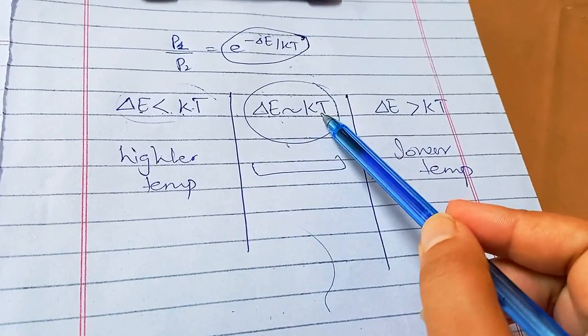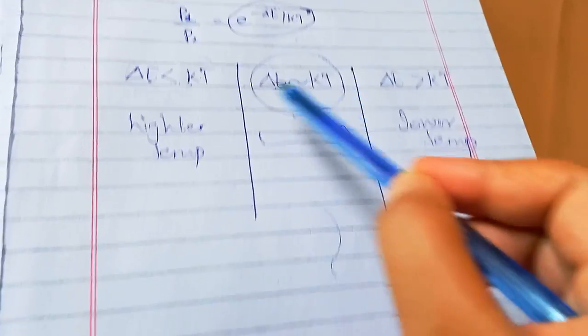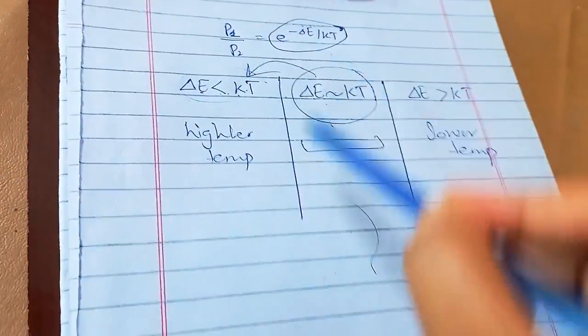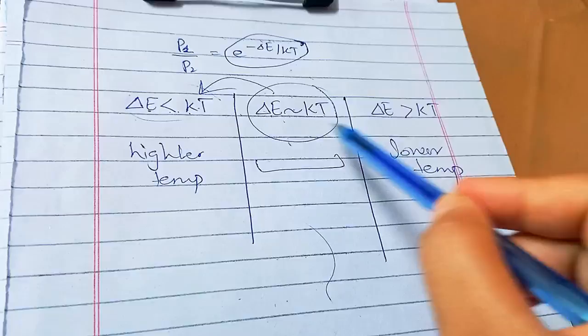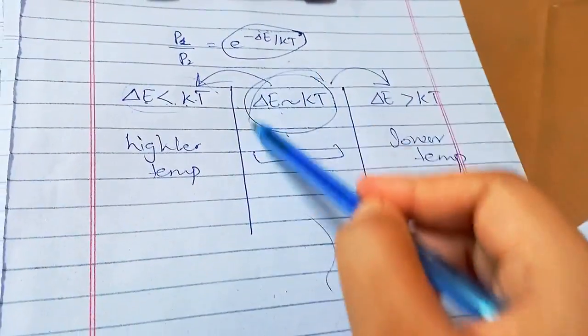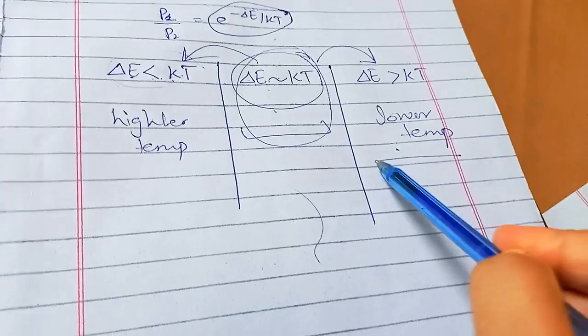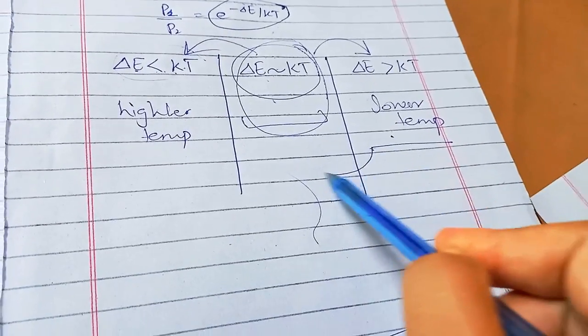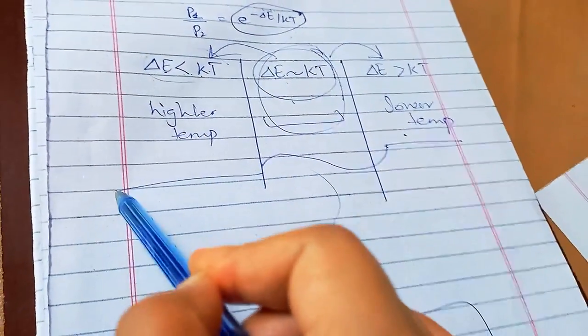When kT becomes large, it will transition to this state, and when kT is smaller, then it will transition to this. So this is the point where the lower temperature limit values will transition to higher temperature limit values.